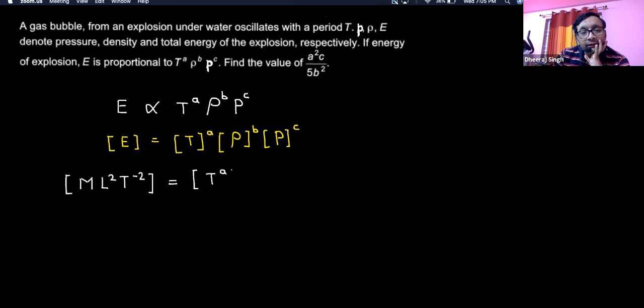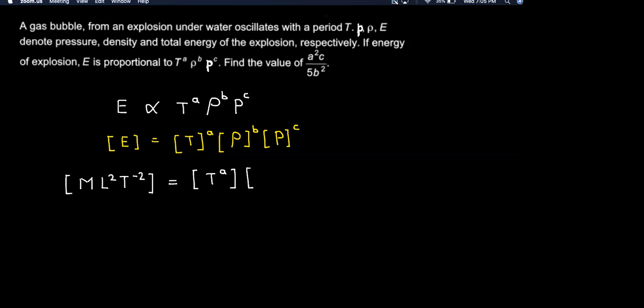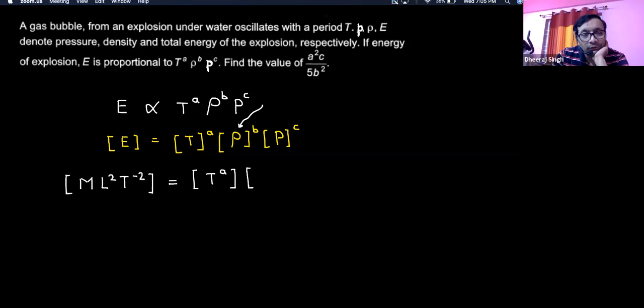Time period dimension is T. What is the dimension of density rho? Mass by volume, right? Volume has a dimension of length cube. So it is mL^-3.